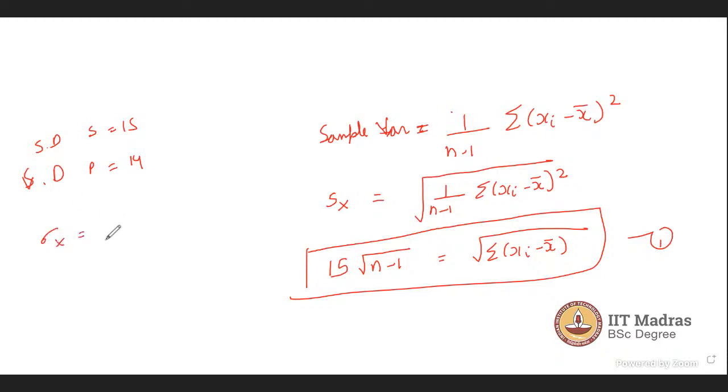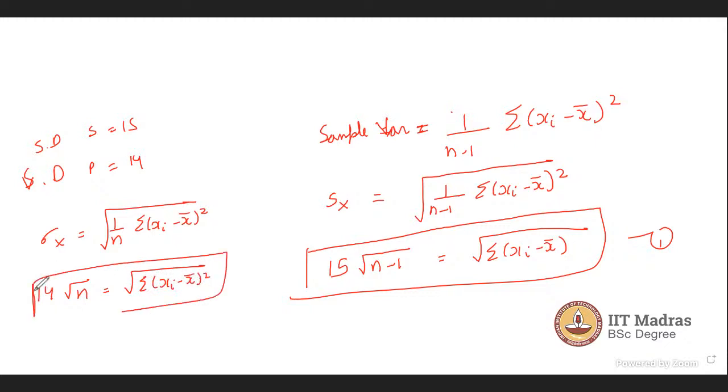Population standard deviation is denoted by this, and I know its value is 14. Let me take root n to that side, and it comes out to be this. This is my equation 2. From equations 1 and 2, you can see that the RHS is the same for both, so the LHS should also be the same. Now squaring both sides, you get 196 and 25 and n minus 1.